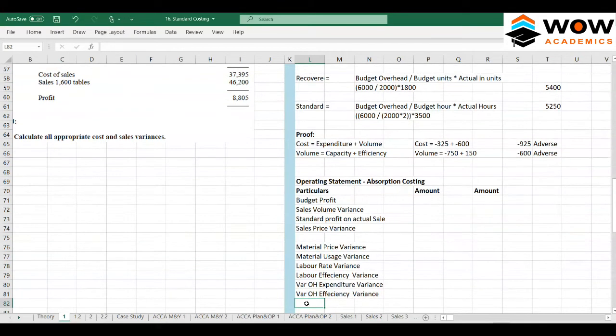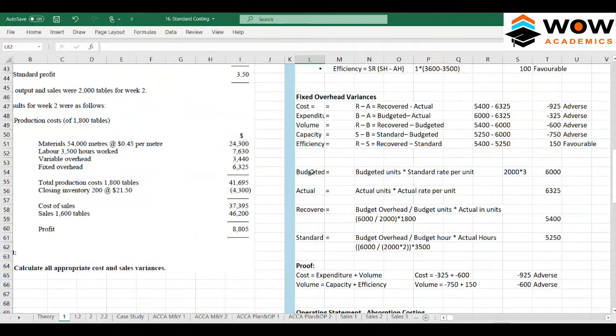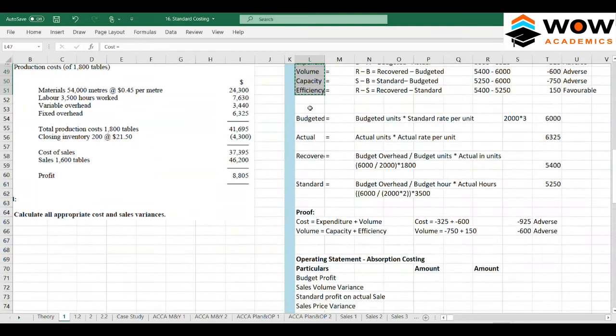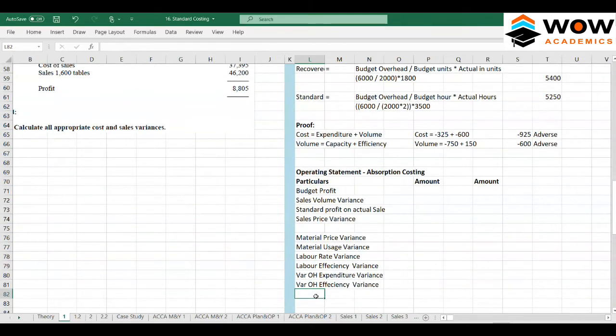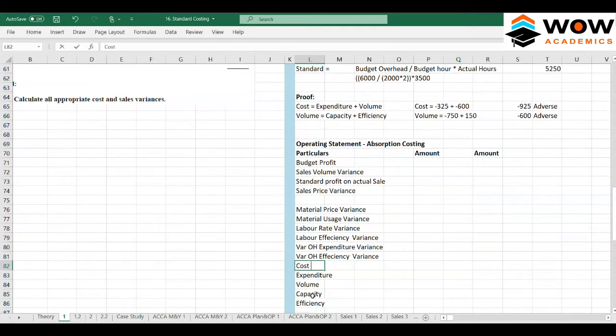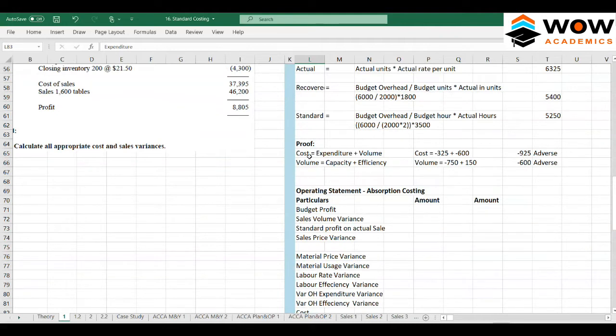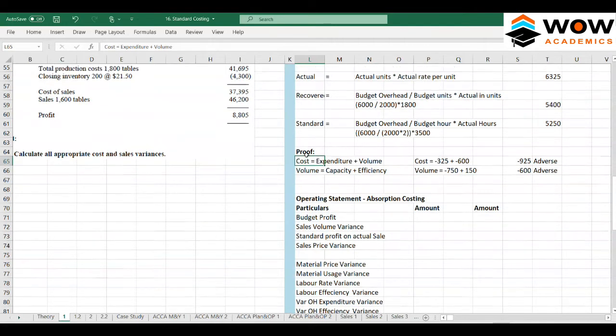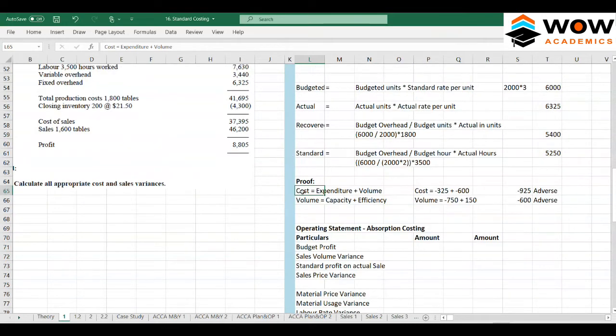And then we have fixed overhead variances. In fixed overhead variances we have to show the maximum numbers. If you show all of the 5 variances in fixed overhead, there is a problem, because expenditure plus volume is again the cost. So you should show either expenditure and volume, or cost.